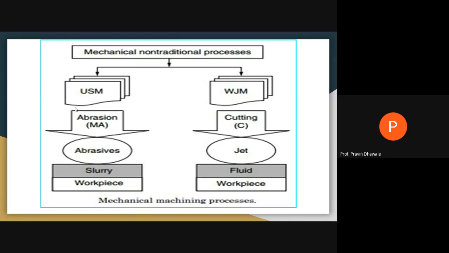How material is to be removed will be shown diagrammatically for the ultrasonic machining process and water jet machining. Okay, is it clear?